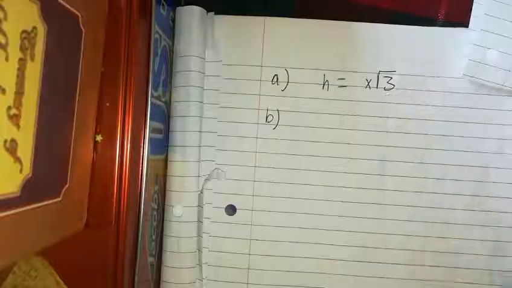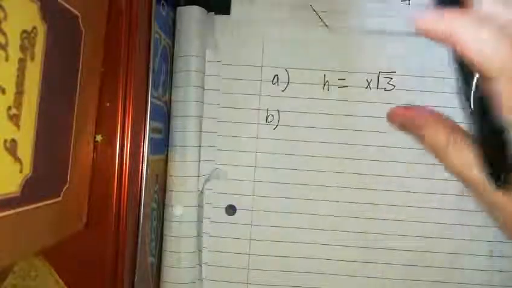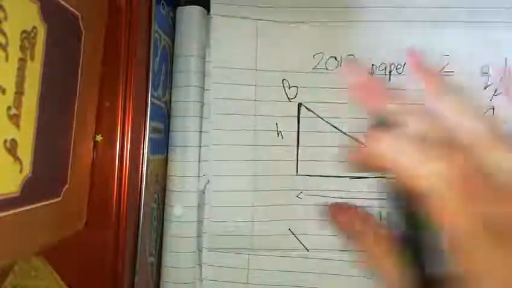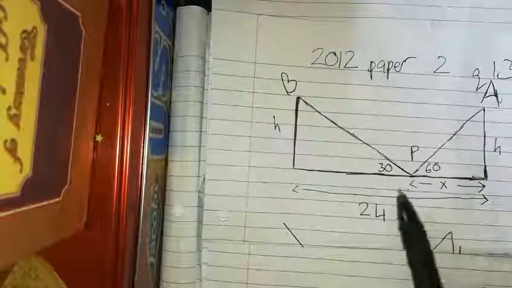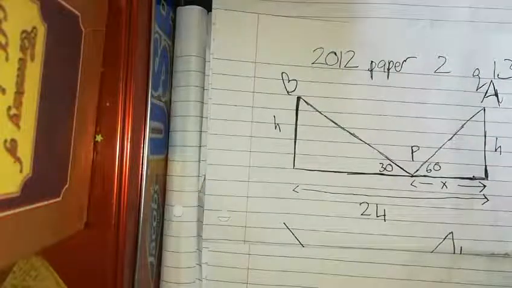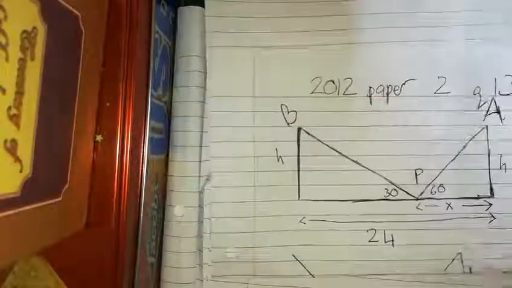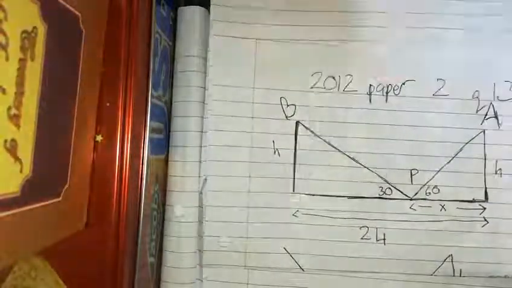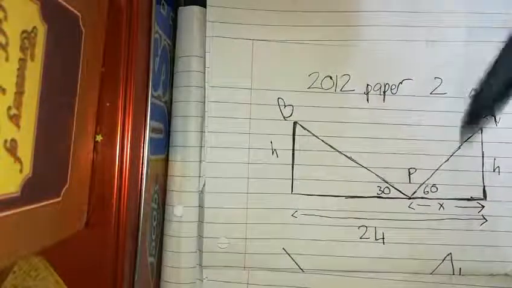So firstly, I'm after getting that h is equal to x root 3. So the only information I'd be able to deal with in this triangle is, well, I can draw out this triangle here. And I want to find the height of the two poles. So I know that the total length of this is 24.